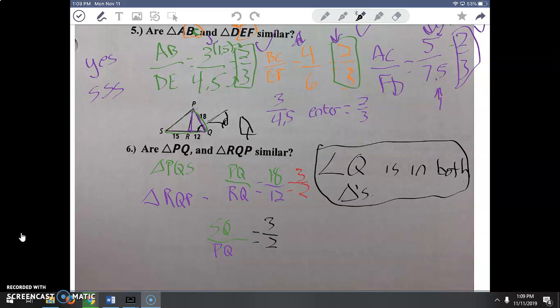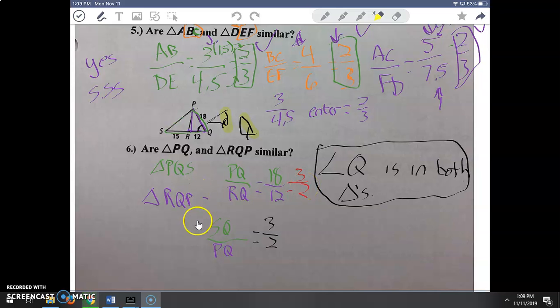So now let's look at both of their sides here. We'll look at these sides right here and here, which both are going to be PQ. So we put PQ over RQ. Okay, PQ and RQ. So we have 18 over 12, which equals 3 over 2.